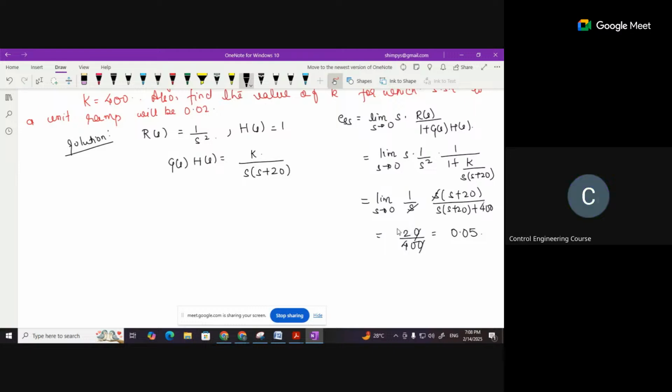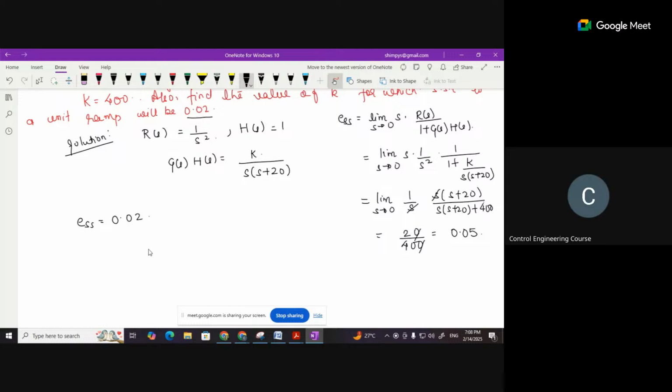Similarly, you have to find out the value of K for which the steady state error is given as 0.02. Can you do it yourself? You can use both ways.